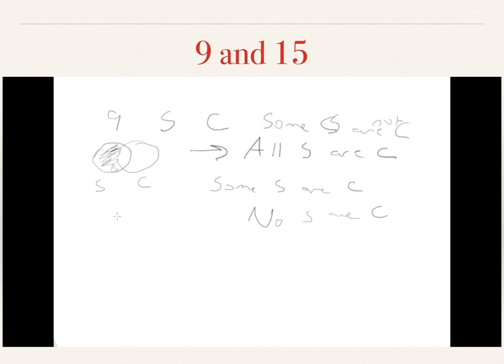The next one is no S are C, so where S and C overlap, it's empty. These are not saying the same thing, so this is not valid. If these were shaded and pictured in the same way, then we could say it was a valid argument, but it's not. So number 9 is invalid.